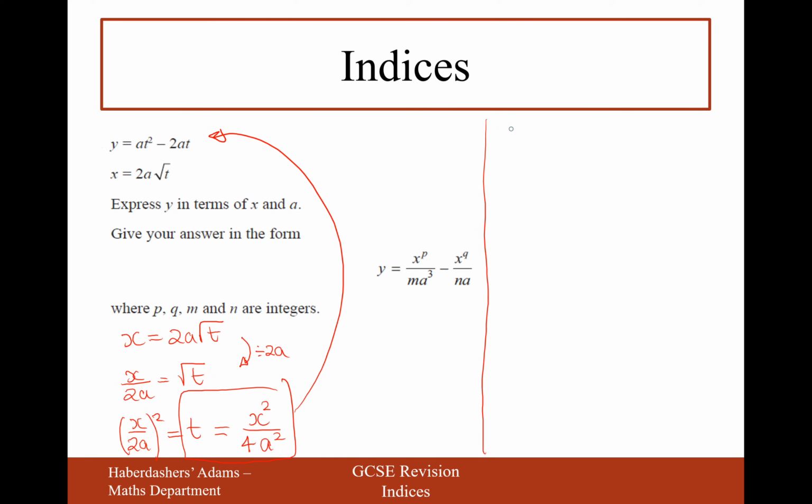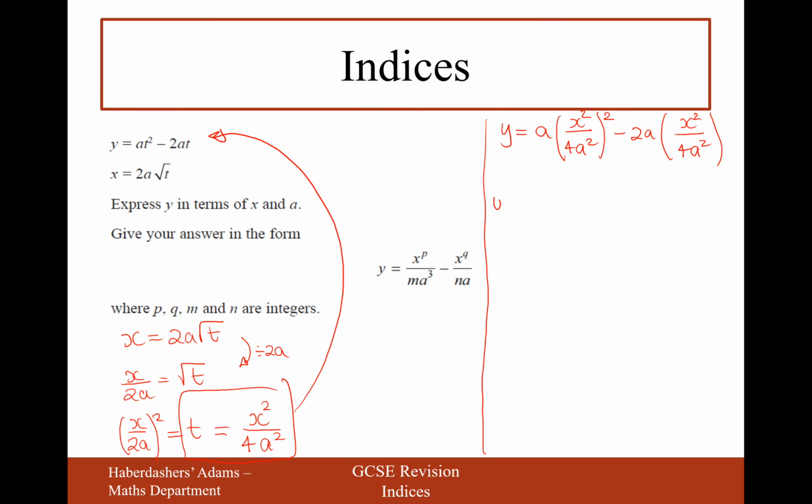So let's go for it. It's going to be y equals a and then x squared over 4a squared, squared, minus 2a bracket x squared over 4a squared.